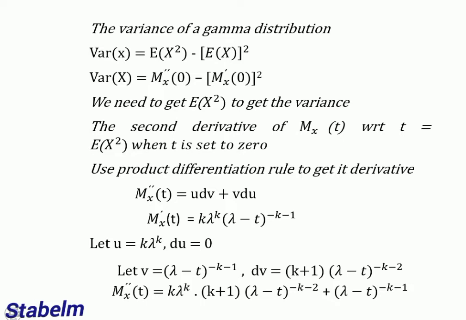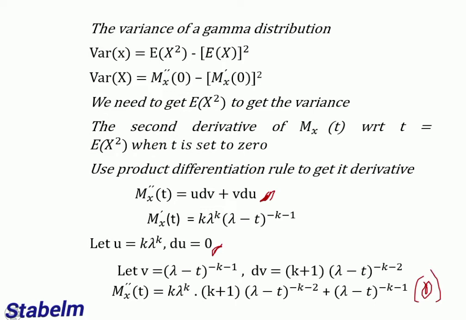Now simplifying this further, what can we do here? We say lambda, k lambda raised to power k, then we have k plus 1. Now we have this du here. We've now slotted in this du here, and our du here is equal to 0. Therefore, if you use it to multiply this function, we are going to have into bracket 0 here.